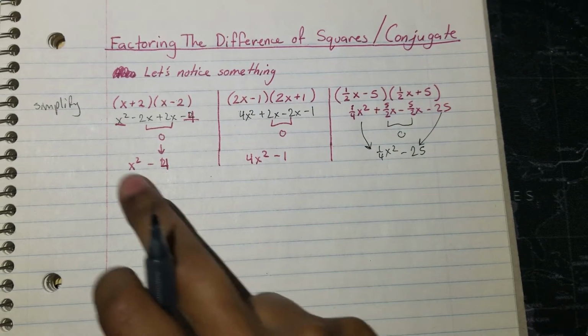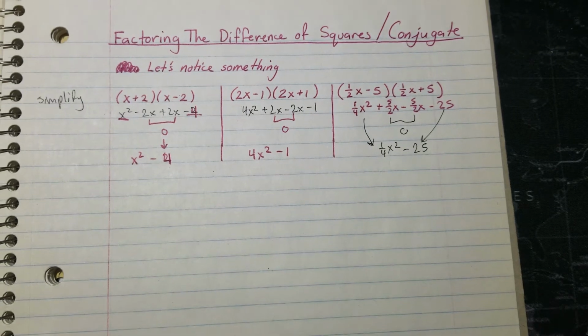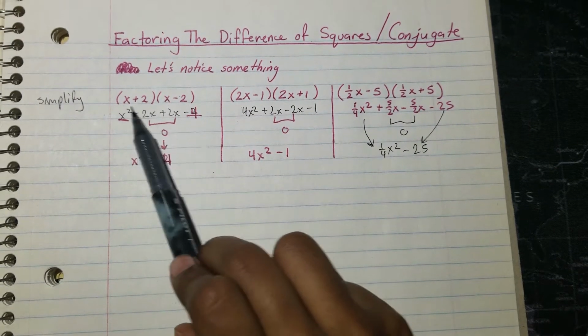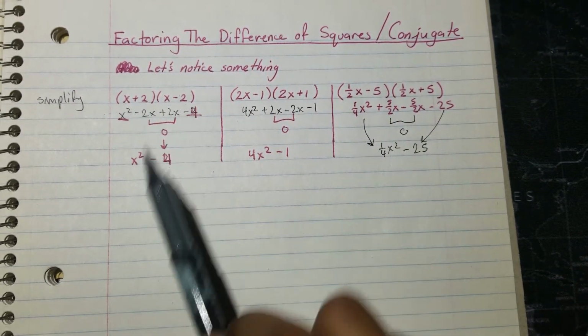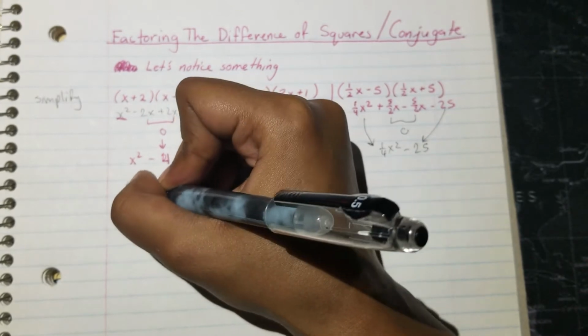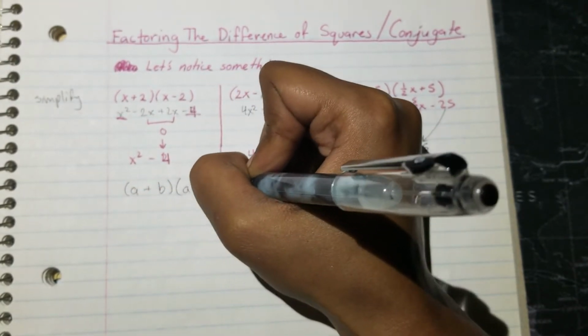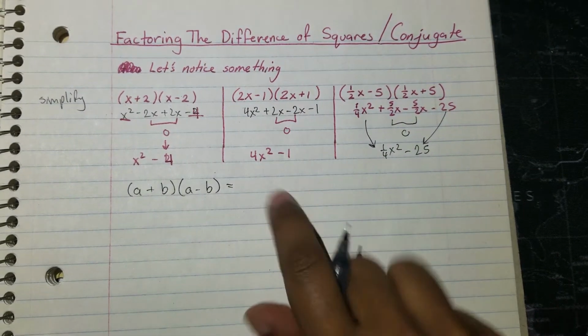Okay, so we've done this 3 times, and there seems to be a pattern coming through. If we have terms that are the same, but the middle signs are opposites, we end up with binomials. So let's see if we can come up with the formula for that. If we have a plus b and a minus b, what's our end result going to be?